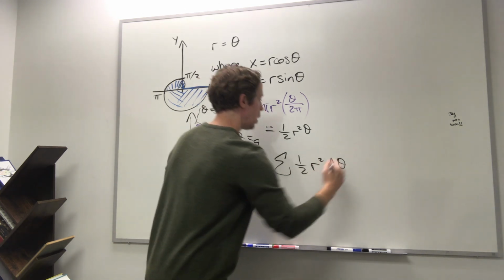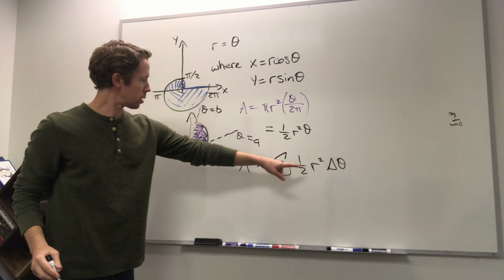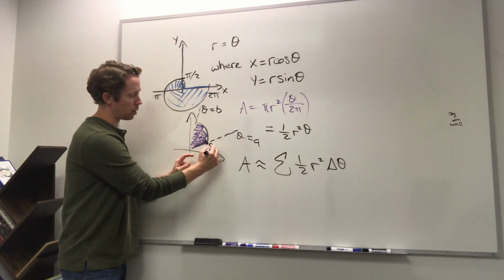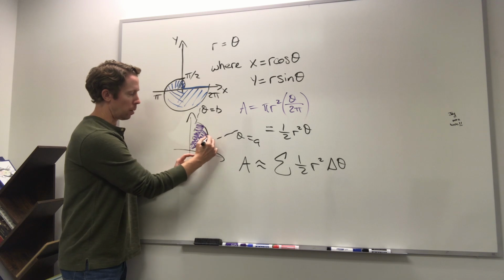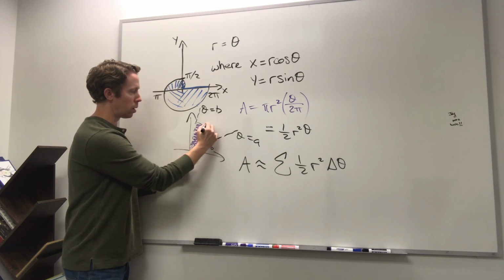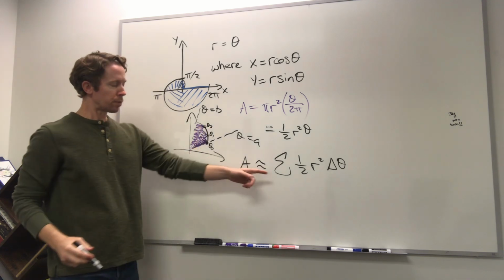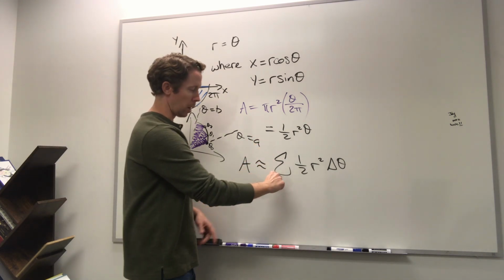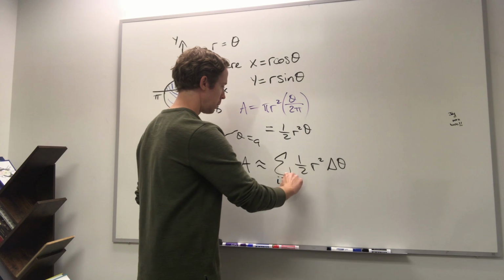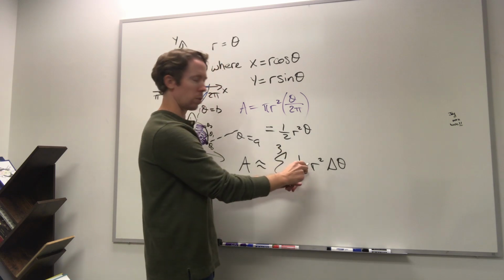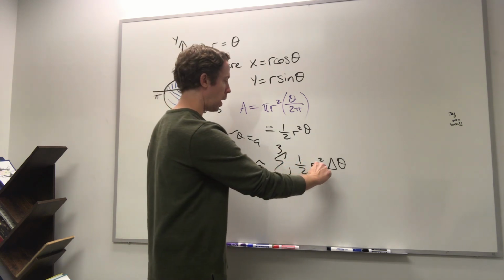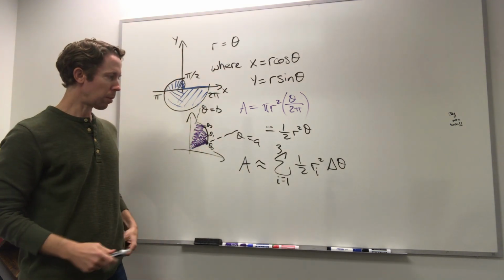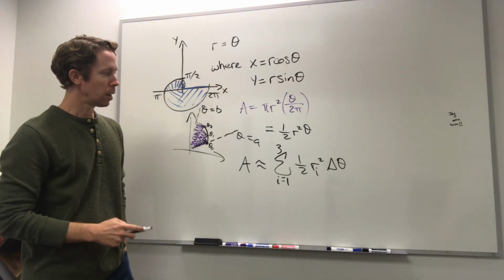This is delta theta, and again, this radius depends on where I'm at. So I might think of this as theta 0, theta 1, theta 2, and then I would sum from i equals 1 to n. Here it would be i equals 1 to 3. And this would be r i, or r of theta i, thinking of r as a function of theta.